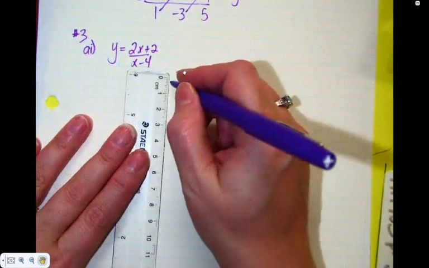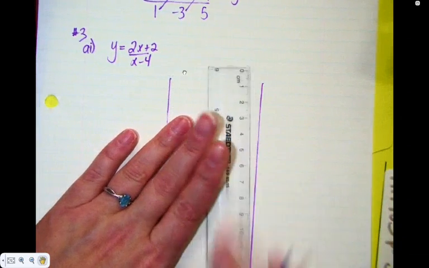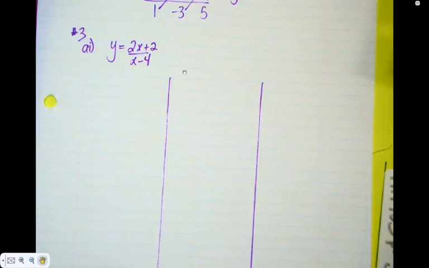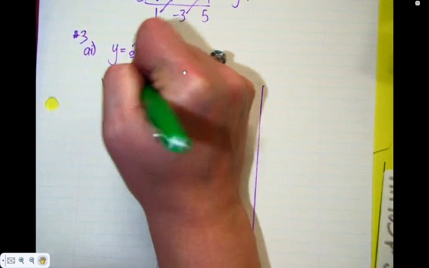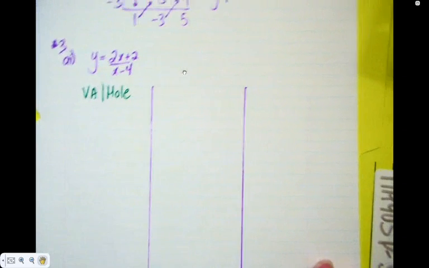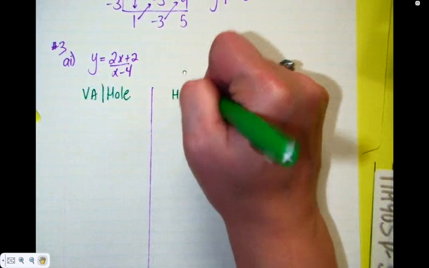Well, it wouldn't technically. I'm left-brained, so I use columns because it's the way my brain works. If you're right-brained, doesn't matter. I don't care. You can do it any way you want to do it. The first column is always going to be vertical asymptotes or holes. Second one is horizontal asymptotes or oblique asymptotes.